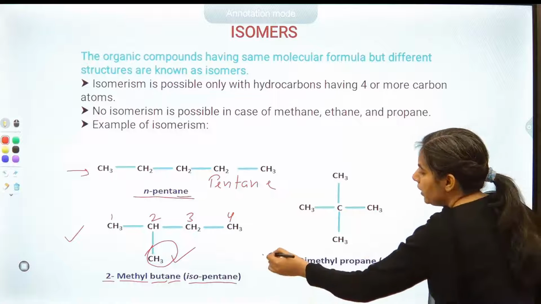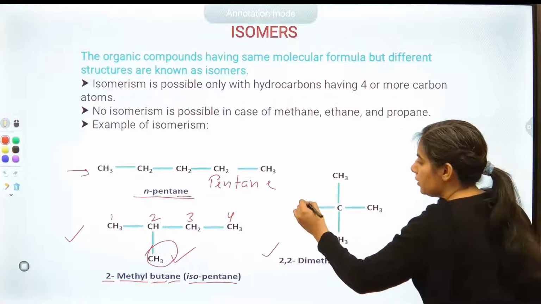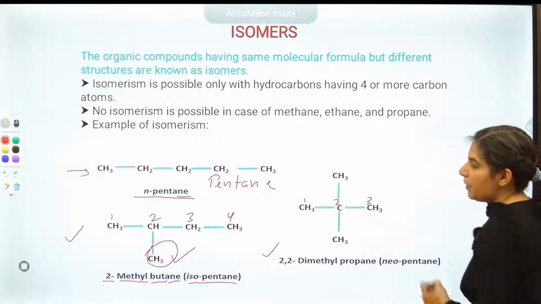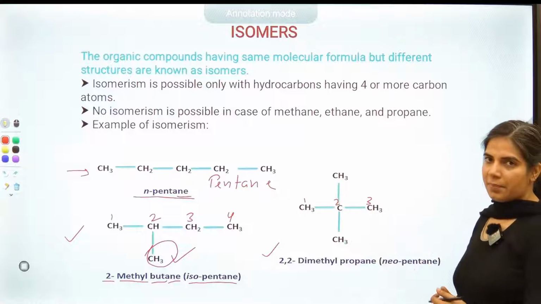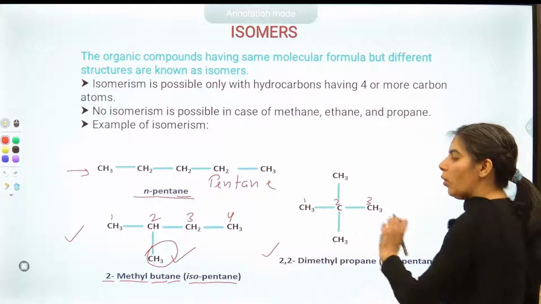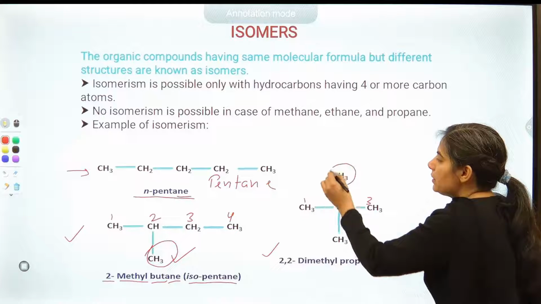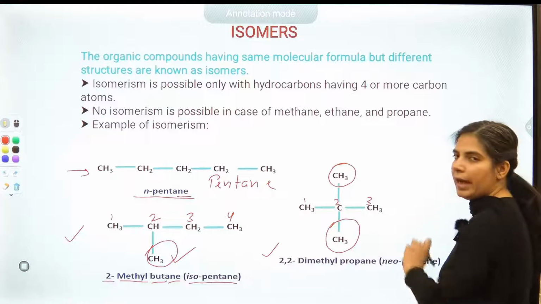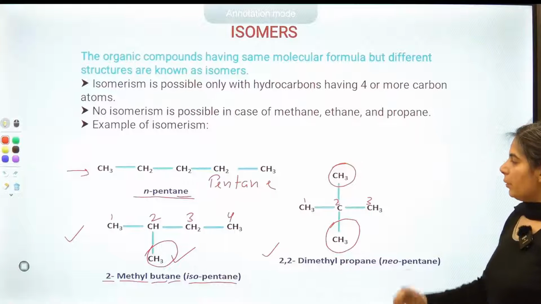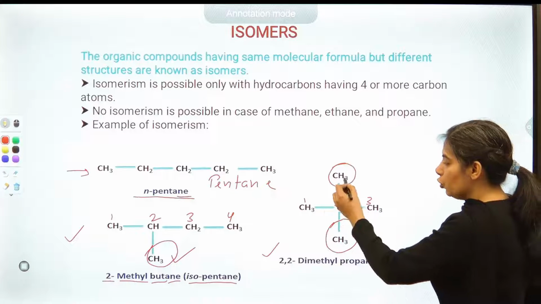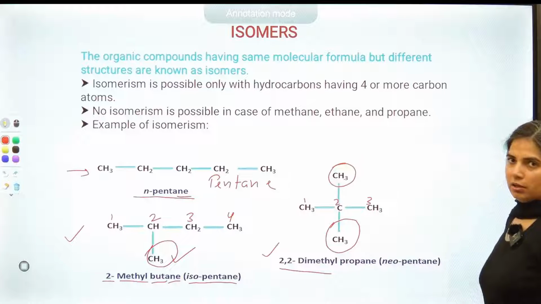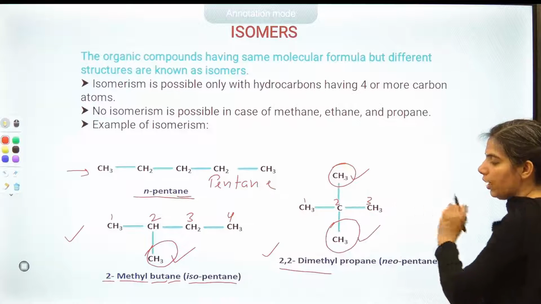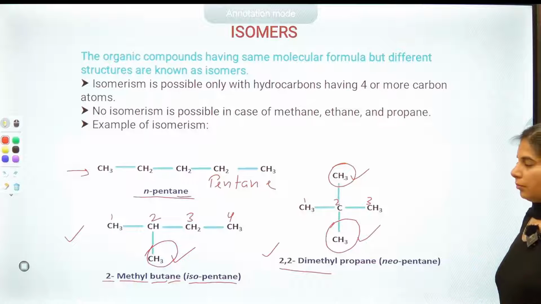Here, in third example, we can consider this as a parent chain or this as a parent chain. If I talk about the IUPAC naming, we will consider these as the substituent which are present at position 2. So the name will be 2,2-dimethyl because our substituent are methyl. 2,2-dimethyl.